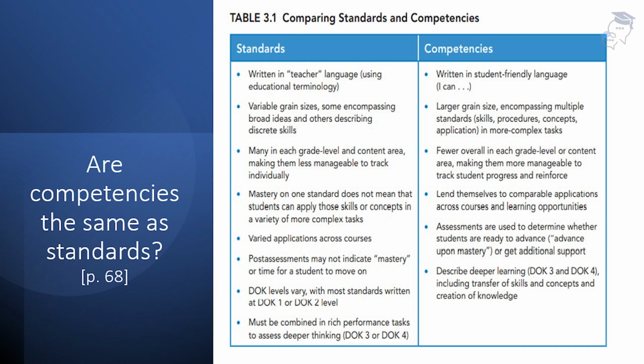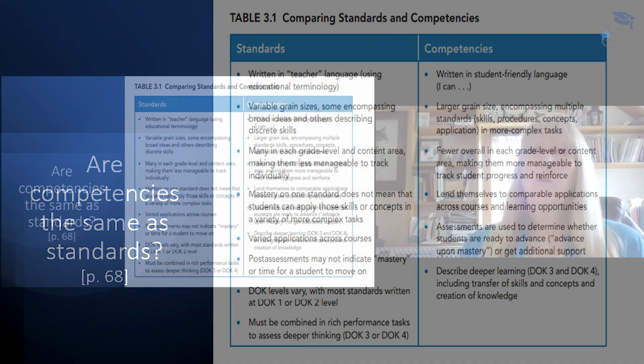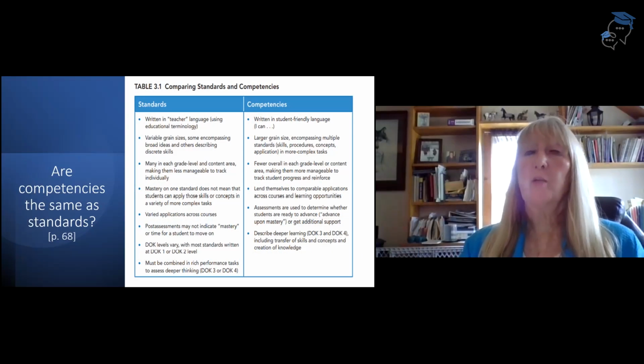Standards are of varying grain sizes, which means some of them are very small grained. You know these terms, you can apply editing skills, or they're very large grained. You can write a text-based argument. So the grain sizes are different. Where a competency is always a grain size that's large, but it's supported by multiple standards.